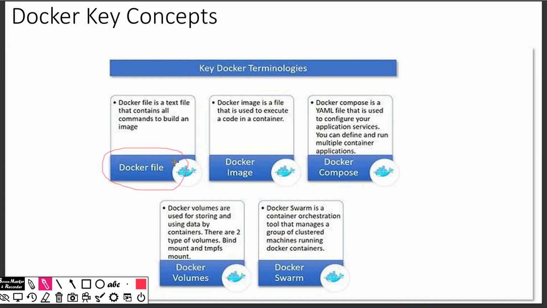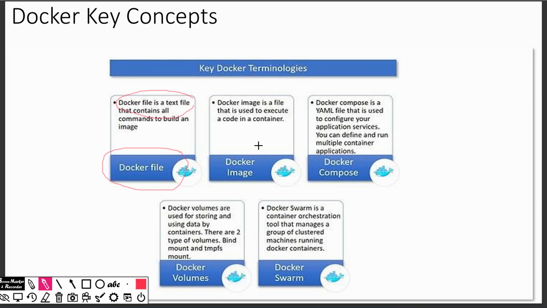Let us understand the Dockerfile. A Dockerfile is a simple text file that contains all the commands to build an image. Guys, if I want to create a container, first of all I need a Docker image. Why is a Dockerfile used? A Dockerfile is used to automate the Docker image creation. If you want to create any customized image, then you create a Dockerfile. In the Dockerfile, you mention all the commands required in order to create your Docker image.